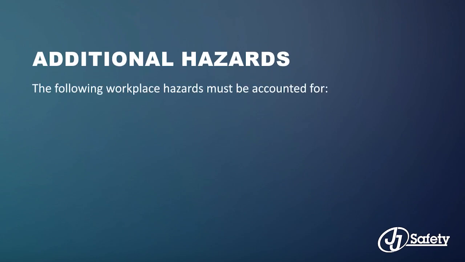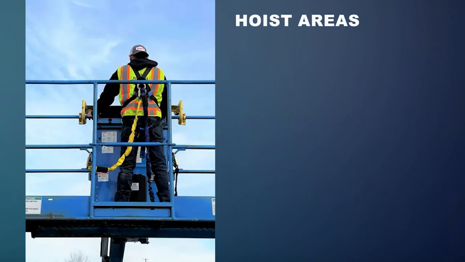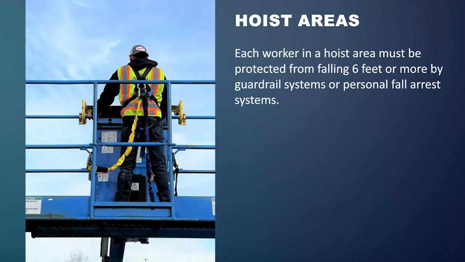The following workplace hazards must be accounted for: hoist areas, holes, wall openings, ramps, runways, and walkways, excavations, dangerous equipment, and overhand bricklaying. Each worker in a hoist area must be protected from falling 6 feet or more by a guardrail system or a personal fall arrest system.